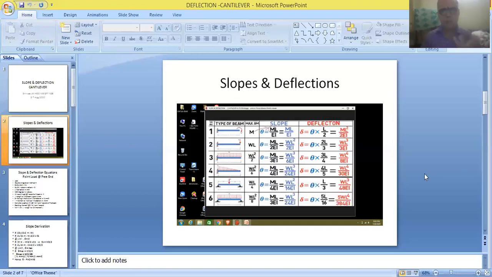So these values not only depend upon the type of beam taken into consideration, but also upon the type of load acting on the top surface of the beam. So friends, this entire information is given, and we also have information regarding simply supported beams.